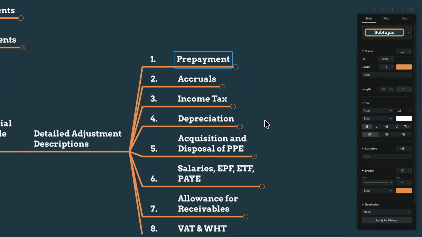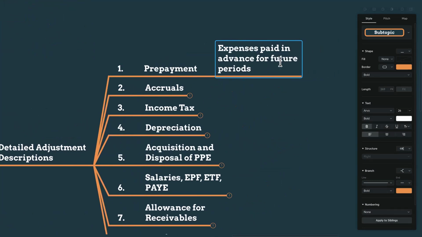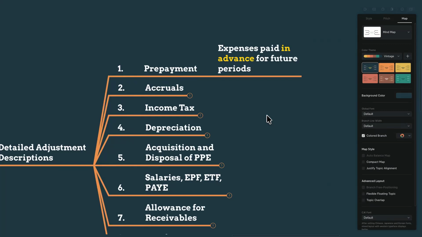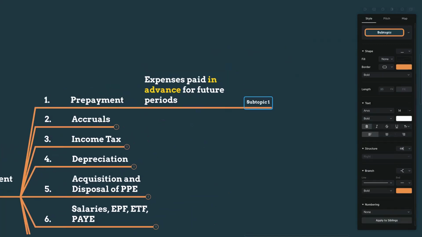Prepayment means, my dears, you paid the expenses in advance, right? Expenses paid in advance for future periods, even though the periods have not commenced. You paid in advance. That is prepayment. Let's say, for example, you are paying rent, okay?